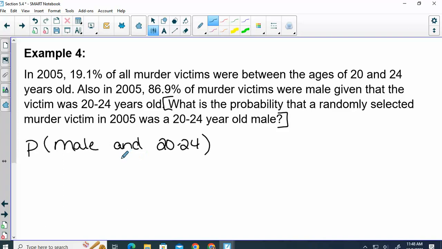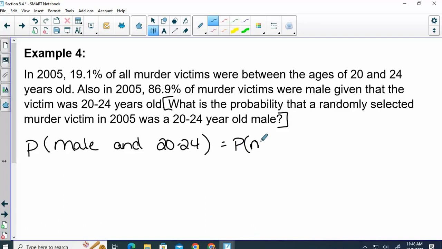Okay, and we said at the beginning of class and yesterday, when I say and, what does that mean? Multiply. Okay. Are these things independent, being a male and being 20 to 24? Are they independent? Not in this scenario. So we have to think of it as a conditional probability.